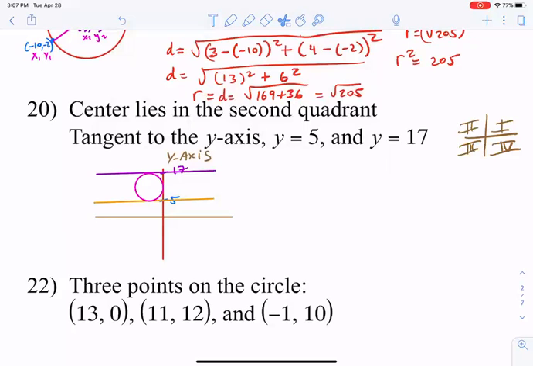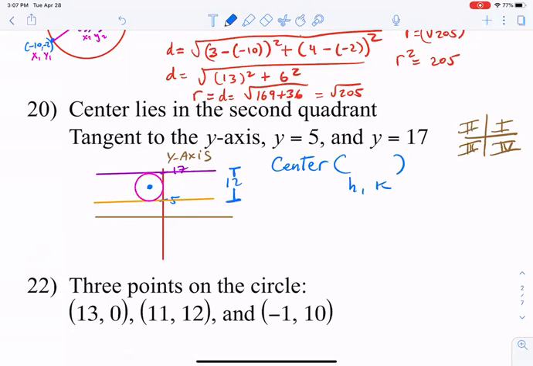So now, if I want to find out where my center is located, I have to think about it. If you're trying to find the center, you can think about h, k. What is the distance from 5 to 17? Well, the distance from 5 to 17 is 12, right? So from here to here is 12 units.